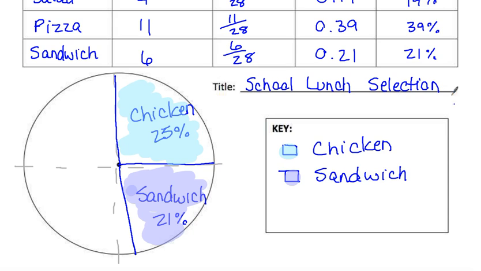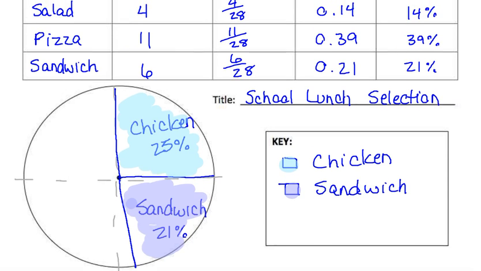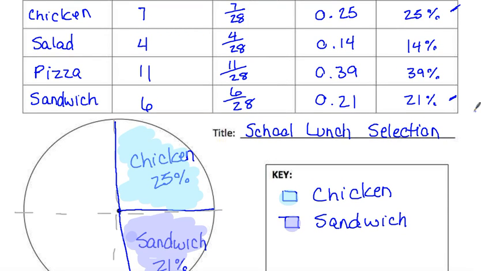Now, the next one that's close to one of the ones that we have memorized would be 14. 14 would be really close to 12.5. So really lightly with my pencil, I'm going to cut this in half to make those 12.5 slices, because I need a full corner to do it.